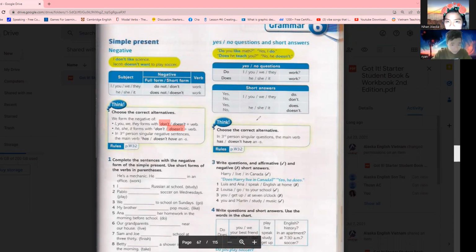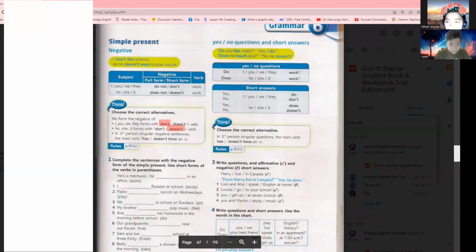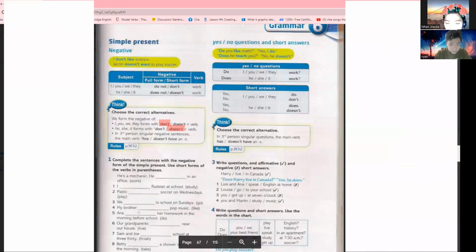In third person singular negative sentences, the main verb doesn't have an S, right? Yes. Okay, very good. So we tend not to put an S on our main verb or the action word.